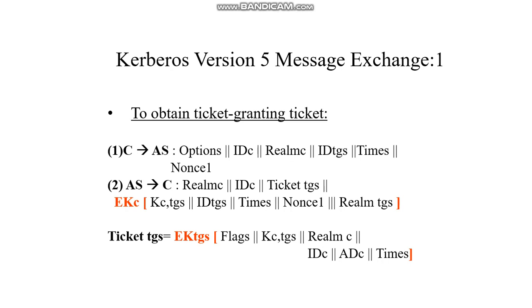The message exchanges are given here. First, the client requests a ticket, then the authentication server in turn returns the ticket to the client machine. Some flags are added in this version 5.